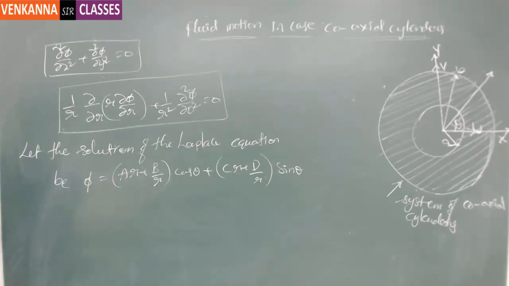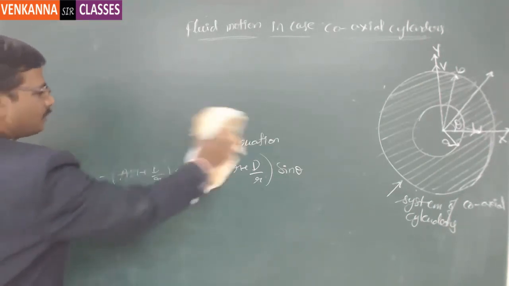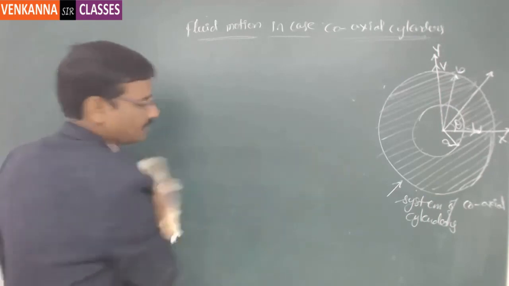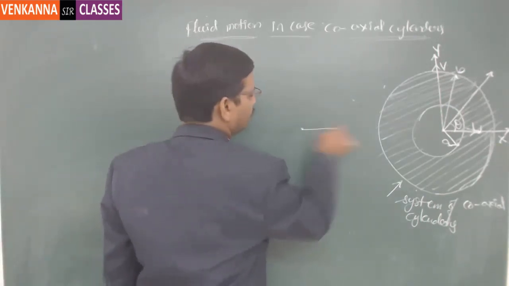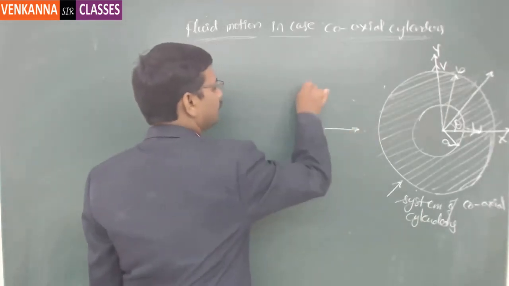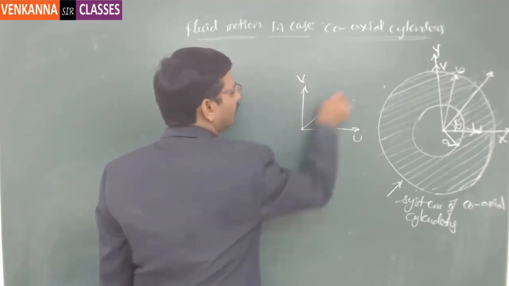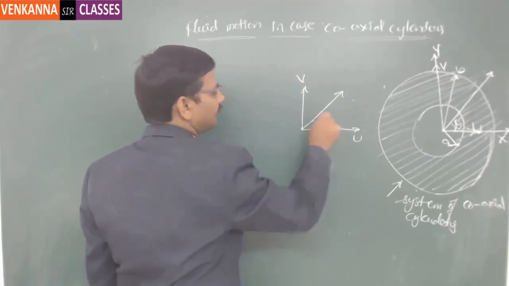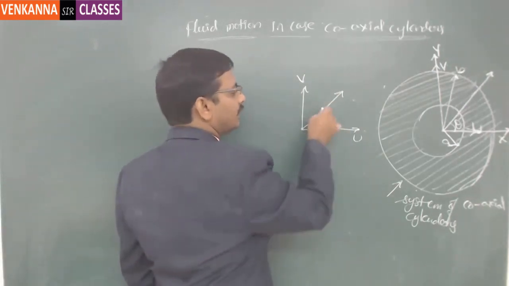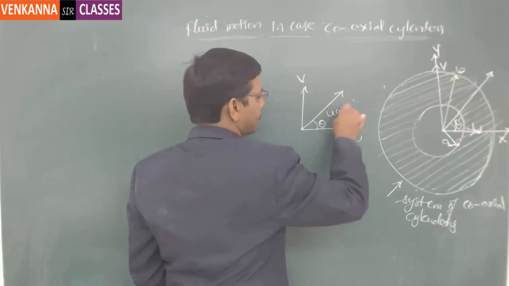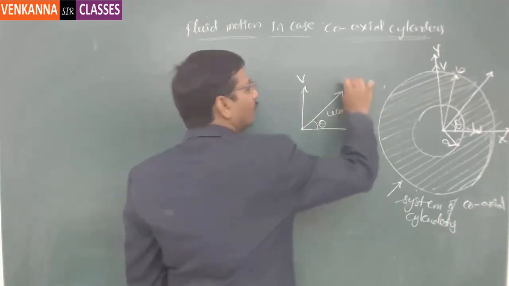Okay. So now coming to our specific case of finding the solution to this Laplace equation. Here the velocity, if I put it here, there is a horizontal component of velocity and a vertical component of velocity. This is u and this is v. Now if I take a random direction, let us say this is making an angle of theta, then the component of u along this particular direction will be u cos theta, and the component of v along the same direction will be v sin theta.